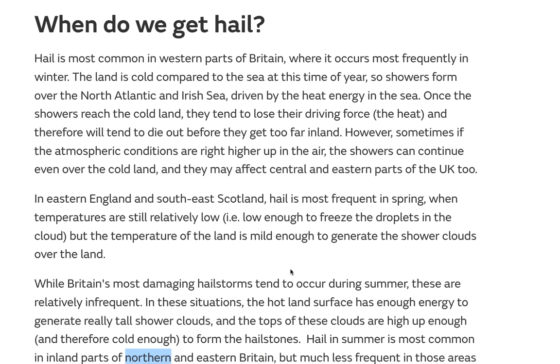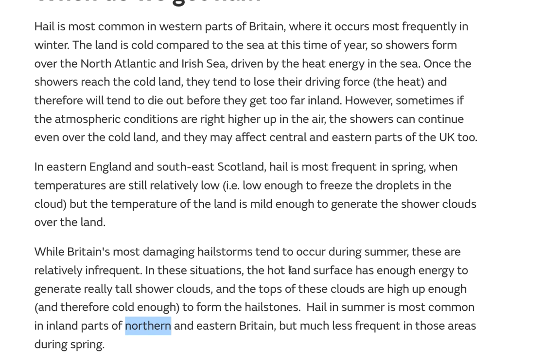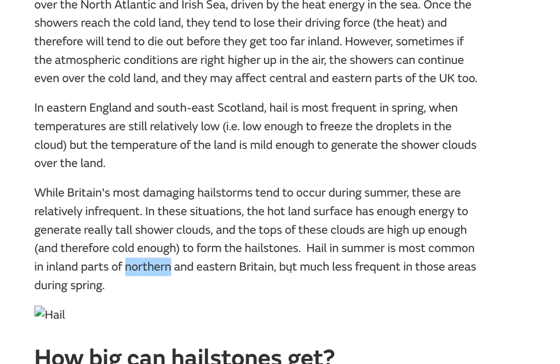In eastern England and southeast Scotland, hail is most frequent in spring when temperatures are still relatively low, low enough to freeze the droplets in the cloud, but the temperature of the land is mild enough to generate the shower clouds over the land.